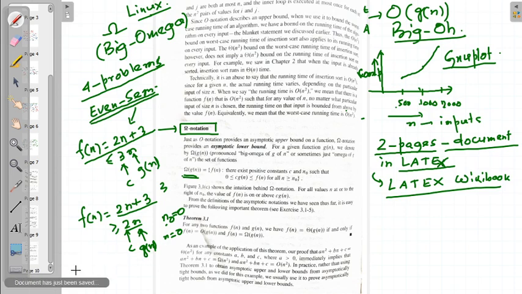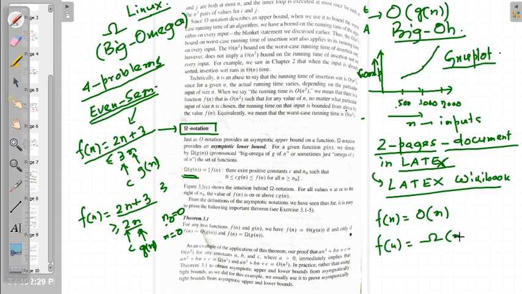In the last class we saw that f(n) equals order of n, and here we will write f(n) equals omega of n.